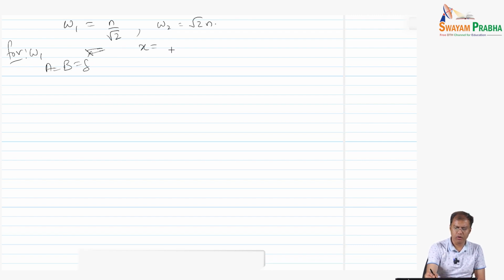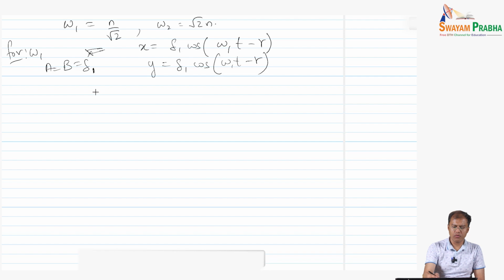The solution comes out to be x is delta 1 cos of omega 1 t minus gamma 1, and y is delta 1 cos of omega 1 t minus gamma 1, because we call this delta 1. Both the amplitudes come out to be equal when we solve the system.